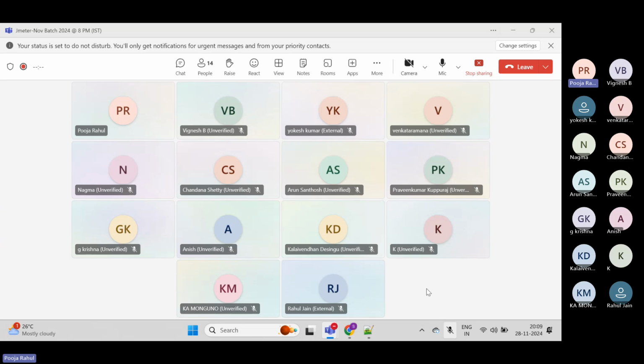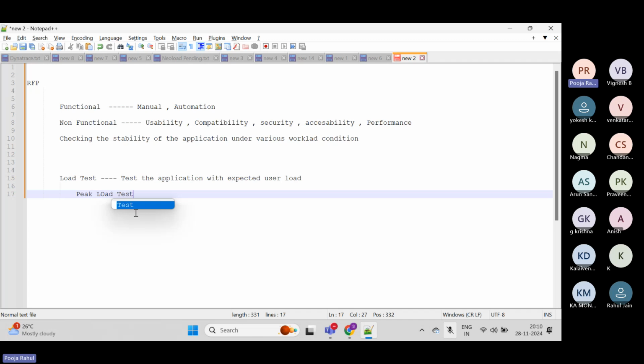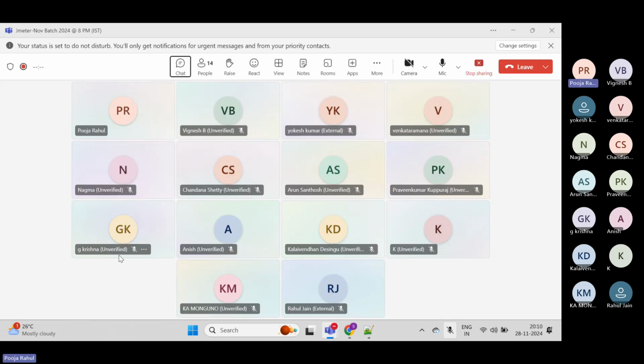yesterday session. Now, in recent times, people are talking about something called peak load test. Earlier we usually mentioned one test, which is load test, but now people are also mentioning one more type of test called peak load test.